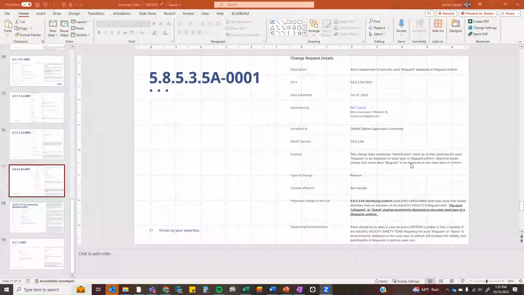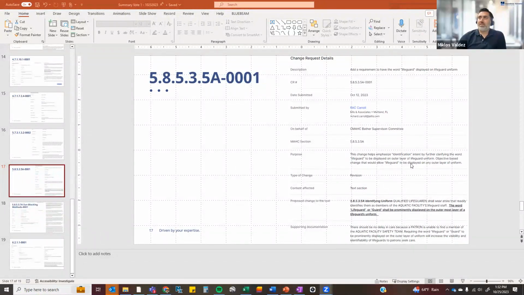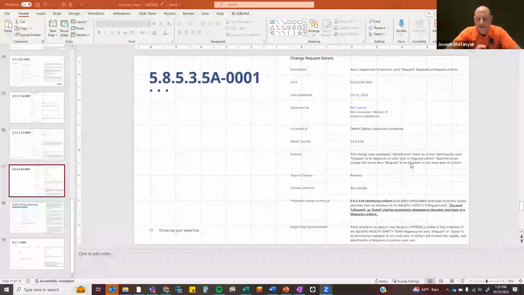That's a great comment. The problem with that though is that there are a lot of safety staff and a lot of supervisory staff. Even the MAC itself says in the safety plan you have to identify who's a member of the safety team, but that may not include everybody, and may not be a lifeguard. So you may have a safety staff, or a public safety officer, or just public safety or something along those lines.